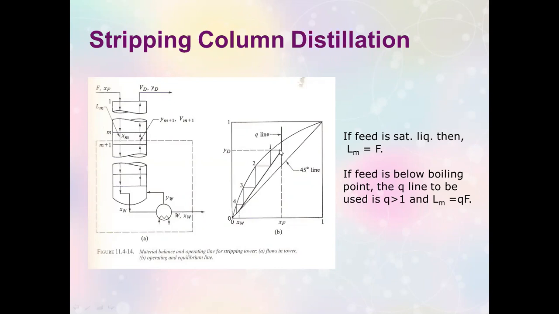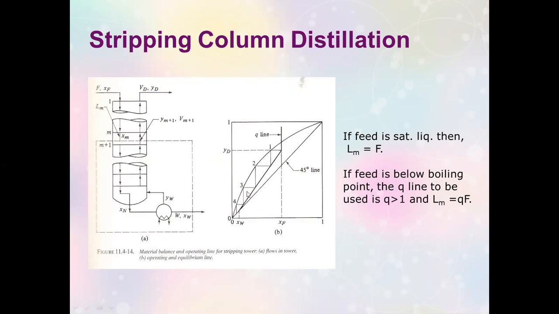You have to connect these two points: the xW that you have here and the yD that you have projected on your q line. And that's it. The process of determining the number of stages is shorter in this case. But again, don't forget to subtract 1 because you still have the reboiler here, and the reboiler is not part of your column.